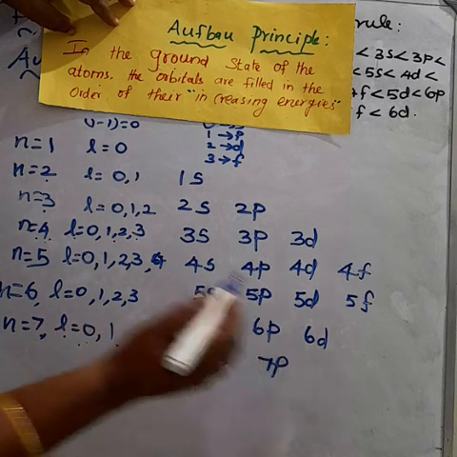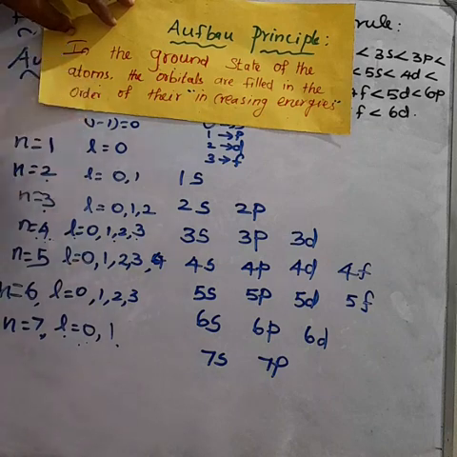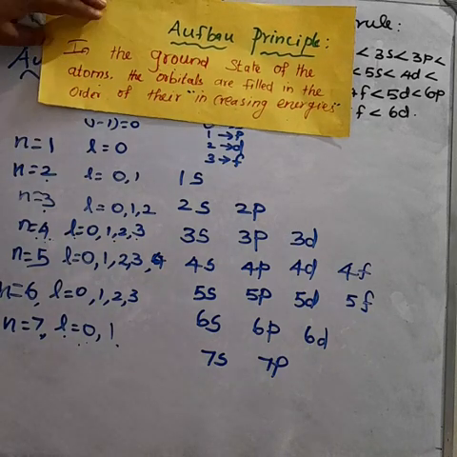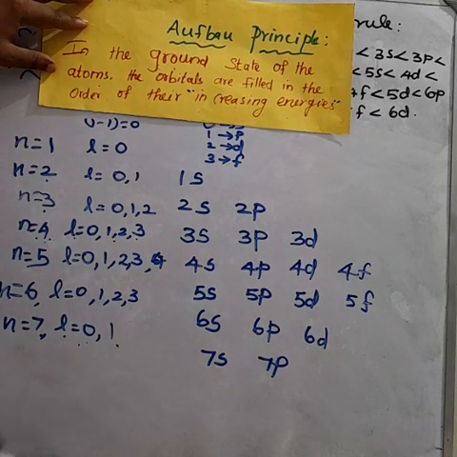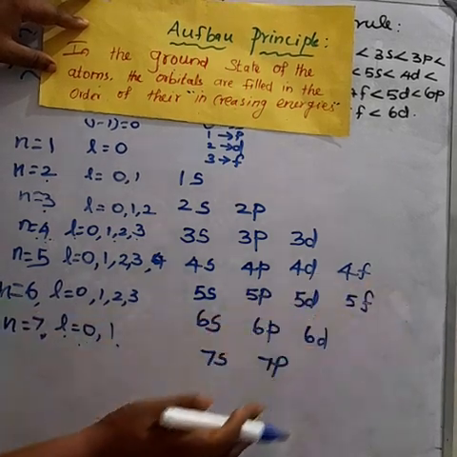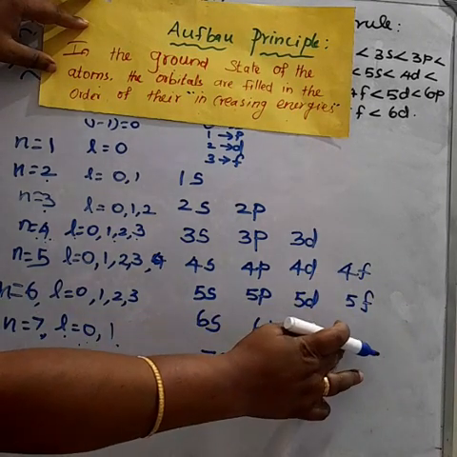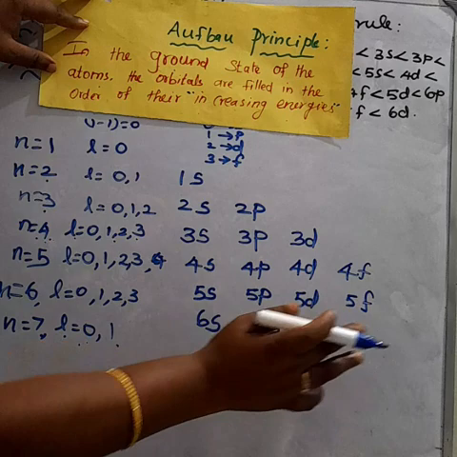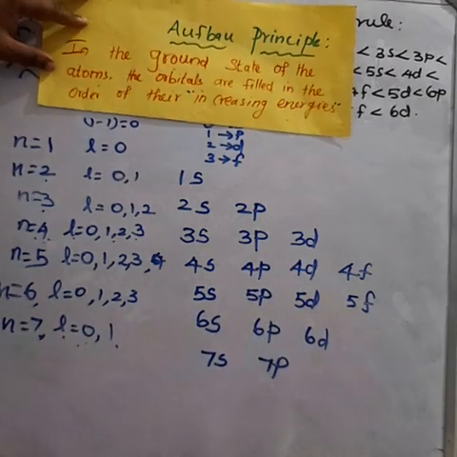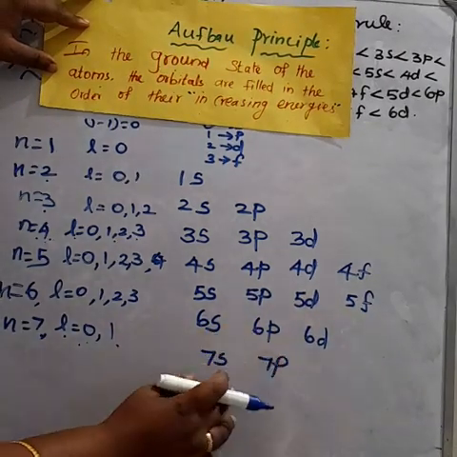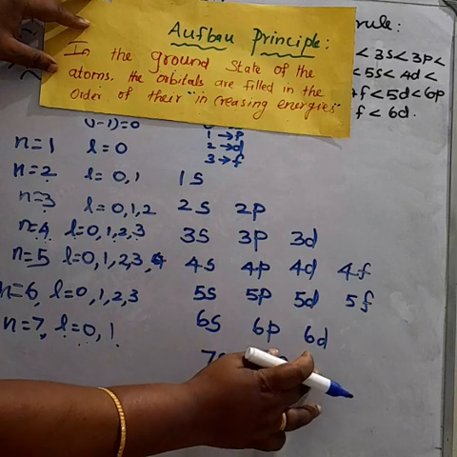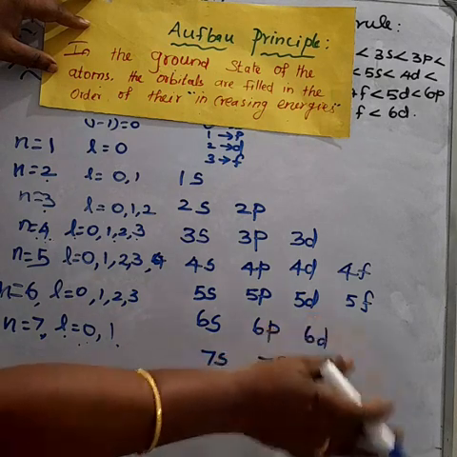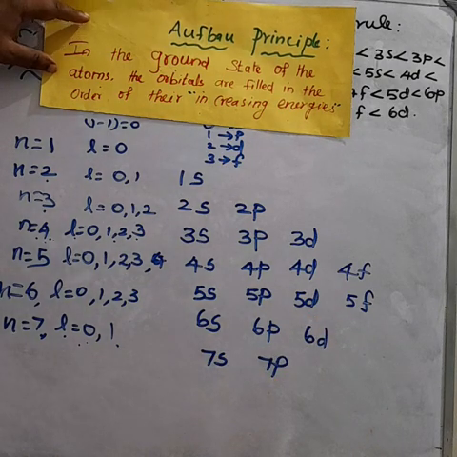Okay. Why do we write only these here? We eliminate some orbitals. What are the orbitals? 5g orbitals we didn't write now. 6f and 6d orbital, 6g orbital we didn't write now, and 7d and 7f and 7g etc. we didn't write now. Why? What is the reason?